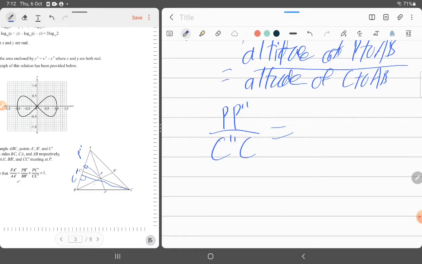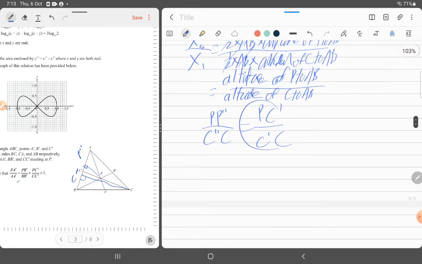Then using similar triangles, P P double dash over C C double dash is equal to P C dash over C dash C. And this is the area of x4 over x1.